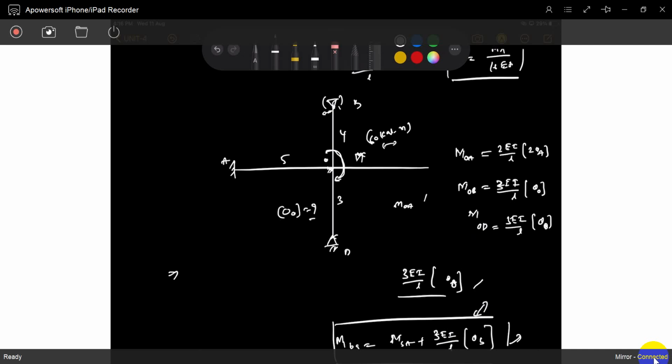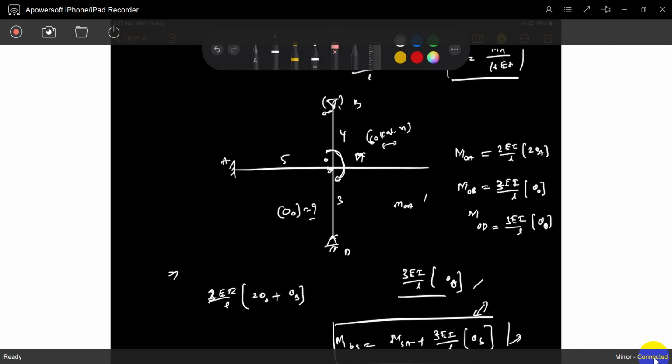Otherwise, if you write the slope deflection equations, it is 2EI by L, so 2 theta O plus theta B will come. So theta B is an extra unknown, an extra indeterminacy, and we can't solve it. That is the use of the extra equation. The extra equation comes into the picture when you have small problems.